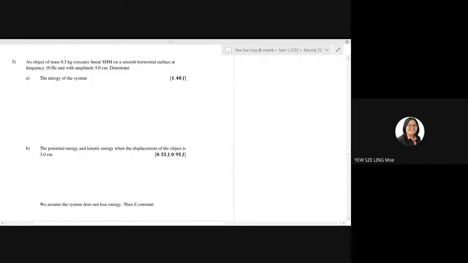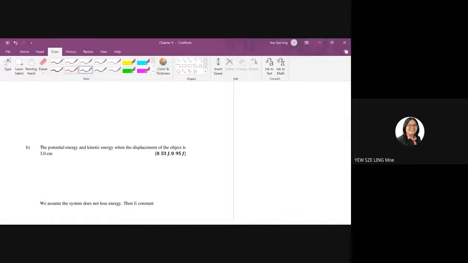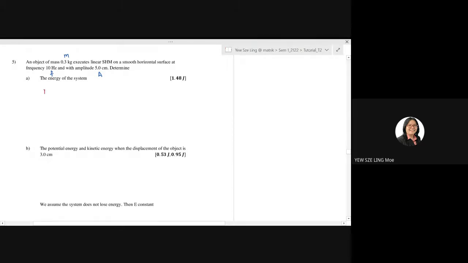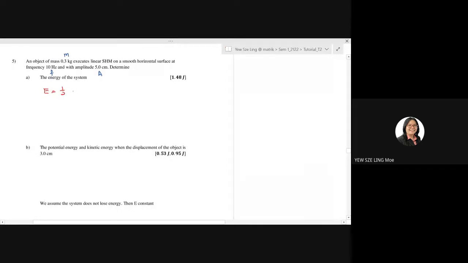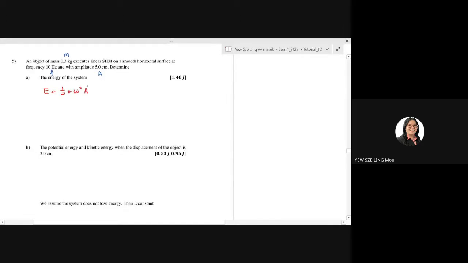So you have m, the frequency and also the amplitude. Determine the energy of the system. How to determine the energy? Well, you have frequency, you have A, you have m. So we're going to use E equals 1 over 2 m omega square A squared.